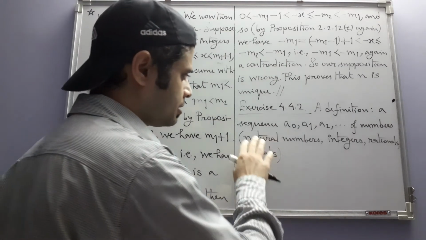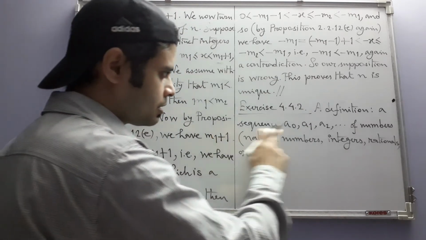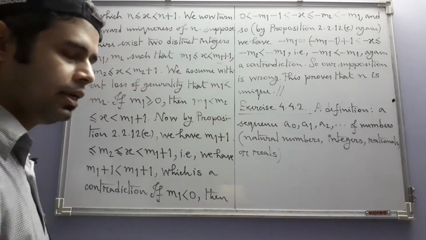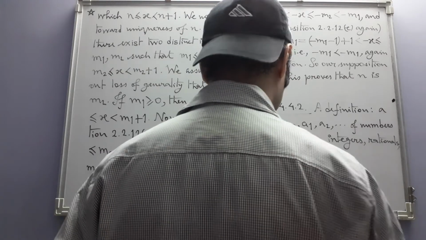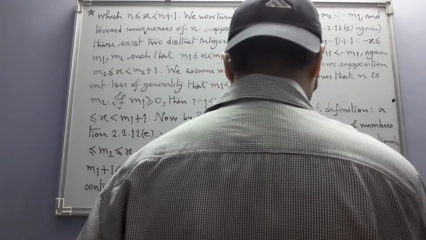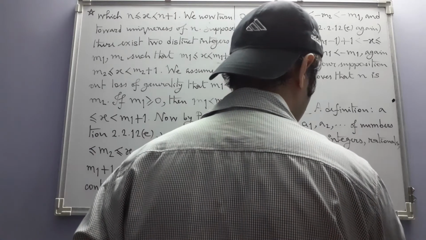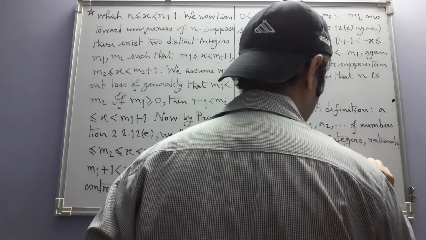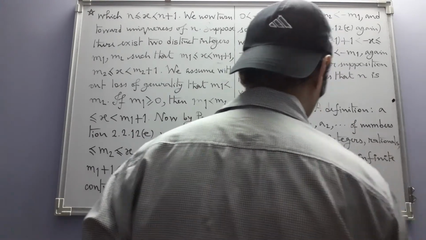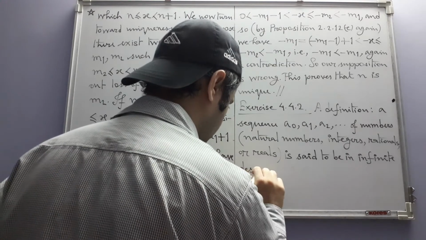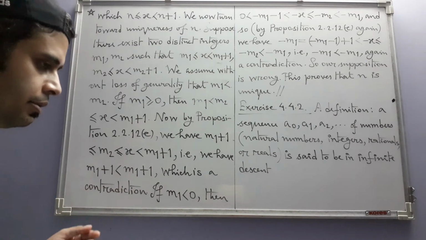So there also this definition will work, and the definition is this: such a sequence is said to be in infinite descent, that is, its terms are decreasing.